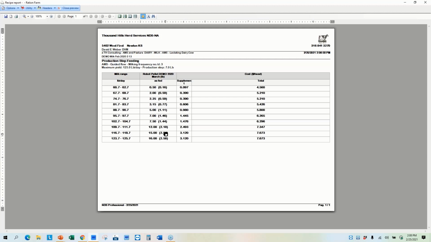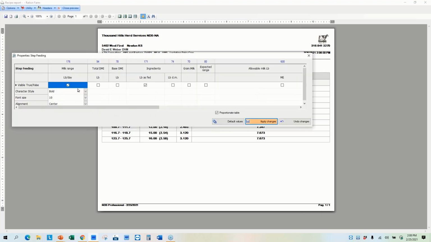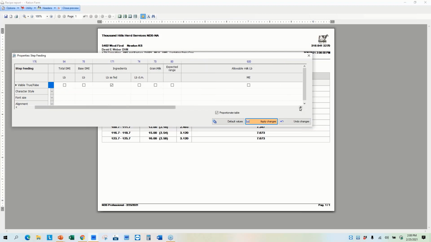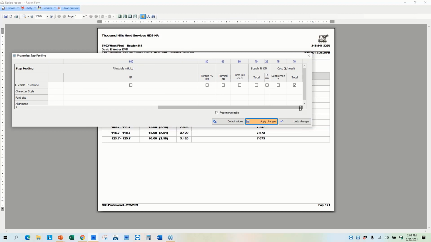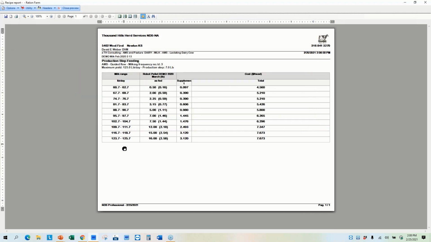This was very simple, taking a lot of that information that is usually on the sheet. There's a lot of information on here. Milk range, you could use allowable milk, you could show ME and MP, you can show ruminal pH. For producers, what I wanted to do is give them a sheet that said, hey, look, here's what you need to do for this group of animals.